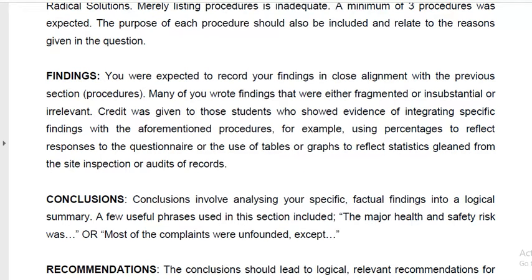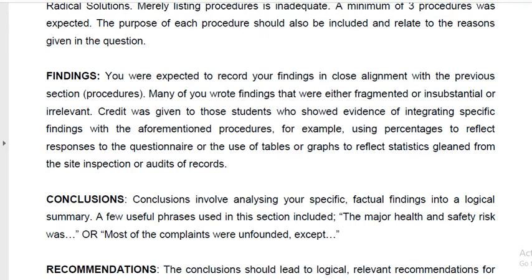Credit was given to those students who showed evidence of integration of specific findings with the aforementioned procedures. For example, using percentages to reflect responses to the questionnaire, or the use of tables or graphs to reflect statistics gleaned from the site inspection or audit of records.